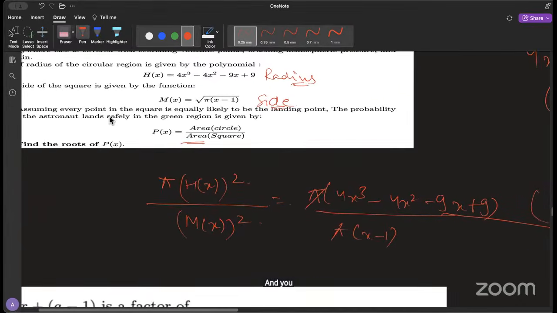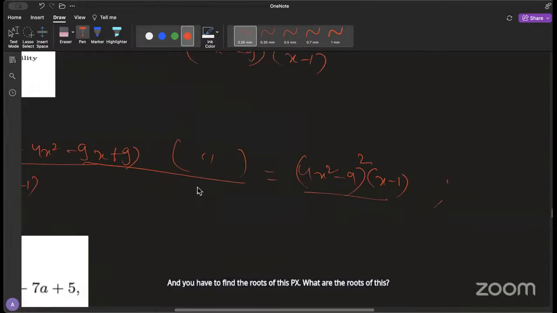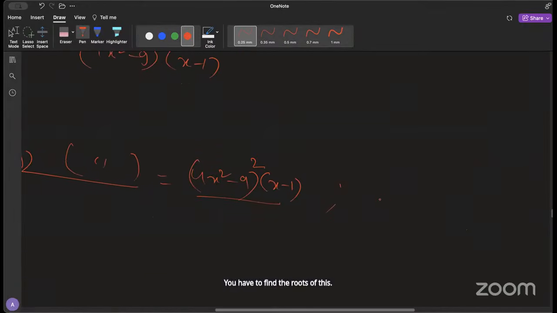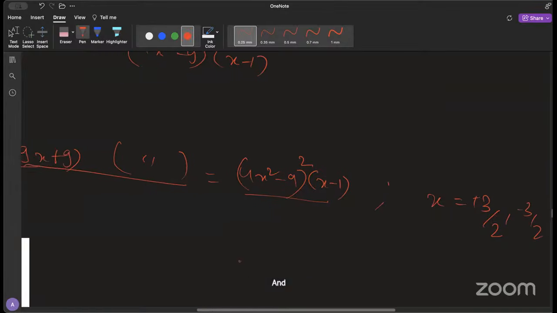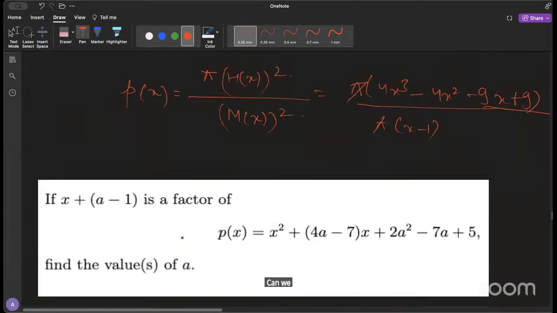And you have to find the roots of this px. So what are the roots of this? This is px, right? You have to find the roots of this. So the roots are x is equal to plus minus 3 by 2 and 1. So these are your roots. Can we move to the next question?